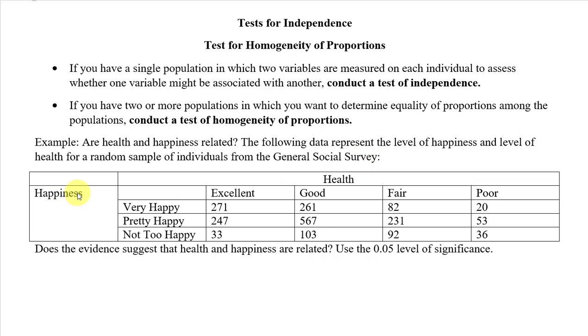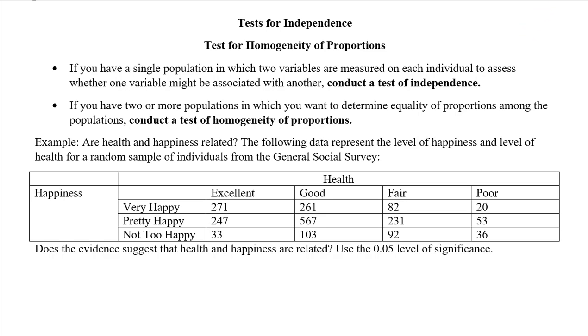For happiness, we have three categories: very happy, pretty happy, and not too happy. And for health, we have four different categories: excellent, good, fair, and poor. Determine whether the evidence suggests that health and happiness are related, and use the 0.05 level of significance.